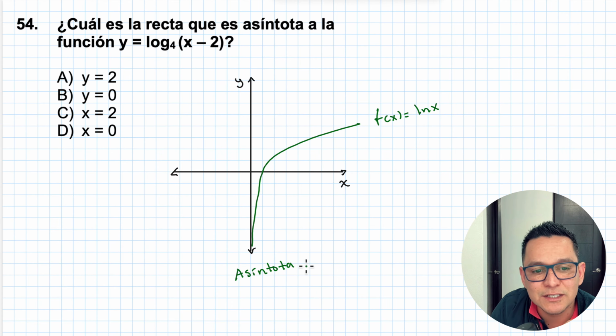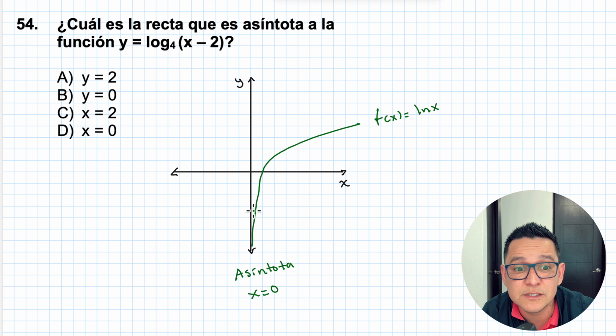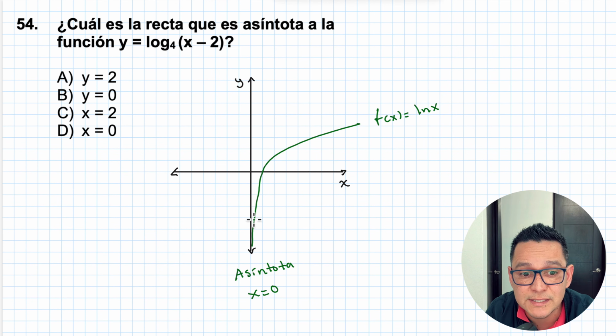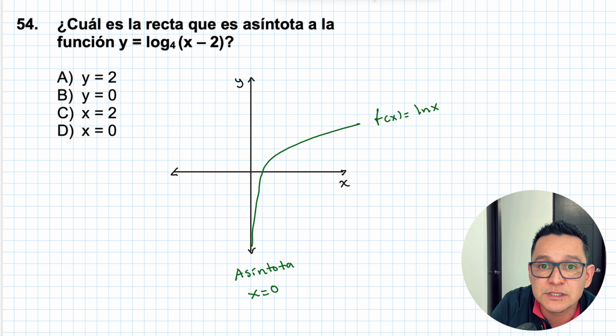In this case, the asymptote is x equals 0 for this function, because this curve goes down, down, down, but it doesn't touch the y-axis. So since it doesn't touch the axis, that means x can't be 0. It starts from there, but it can't be 0. So here we say that there's an asymptote right on the axis. Okay, this works.